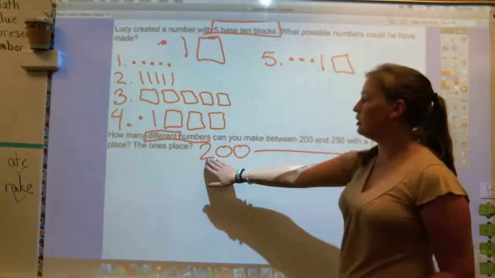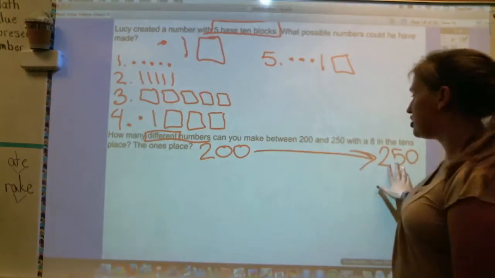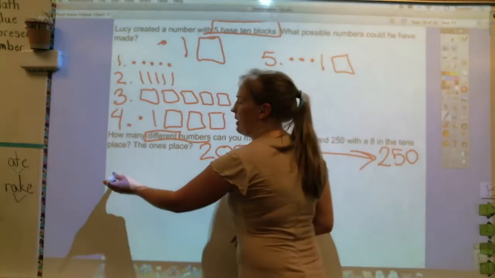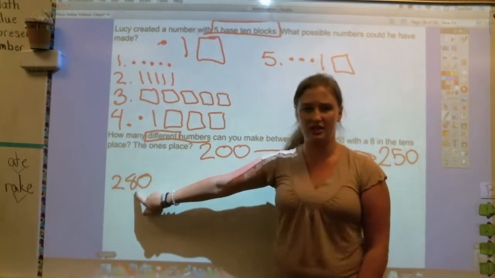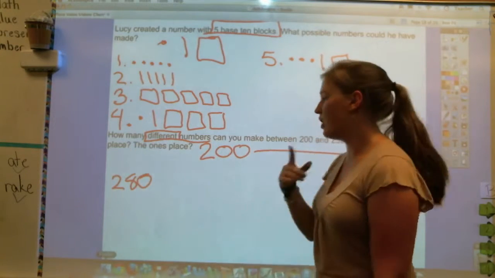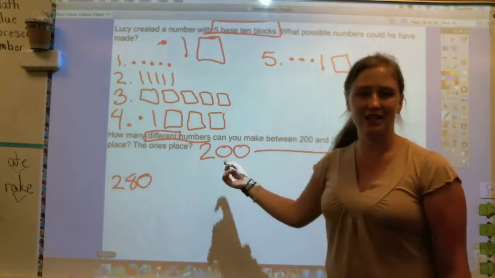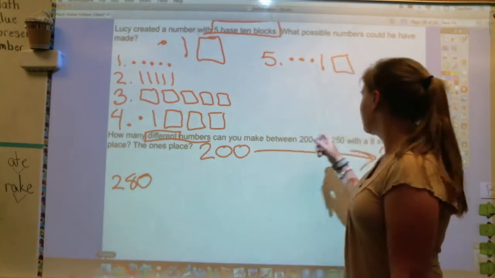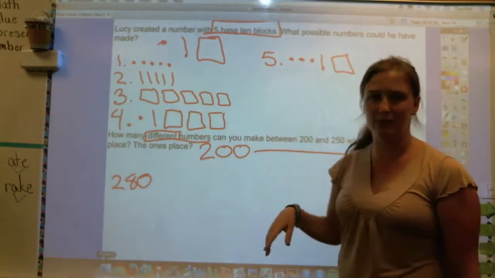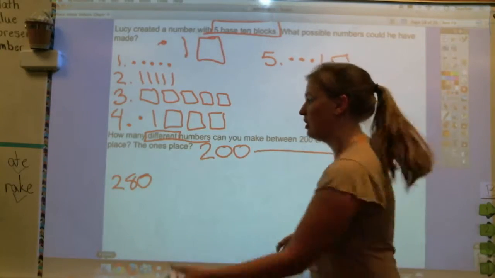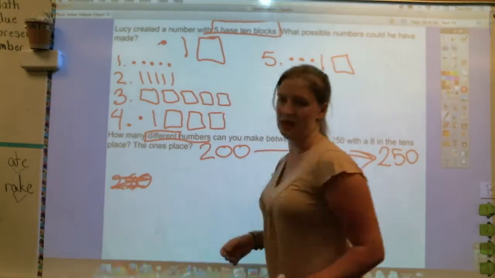So if I look at the number 200 and 250, the only number would be 280 if it was in the tens place. So I can tell that there isn't a number with an 8 in the tens place that's even possible here. So I can't make this number.